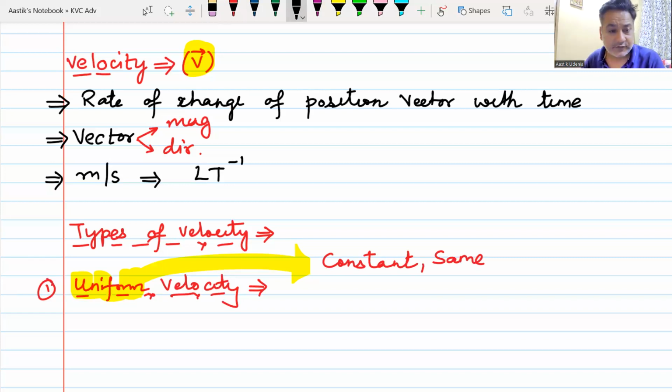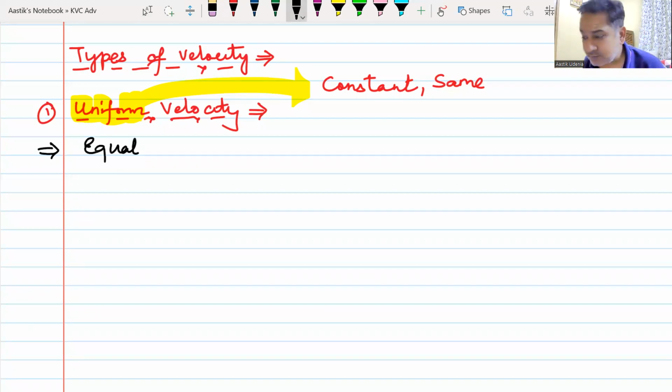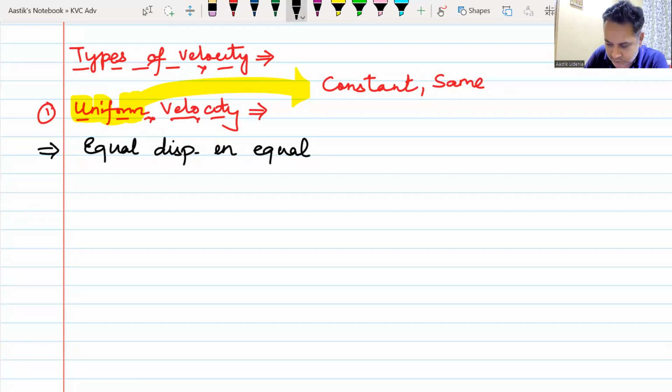So when I say velocity is uniform, the first thing that must come to your mind is that the particle is covering equal displacement in equal intervals of time.